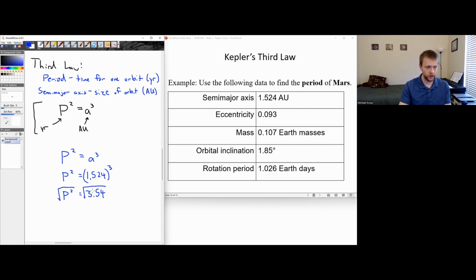So if I take the square root, then this side will just be the period. And if I take the square root of 3.54, I got 1.88, and that would be measured in years. On LonCap, if you use lowercase yr, that will recognize the units as years.